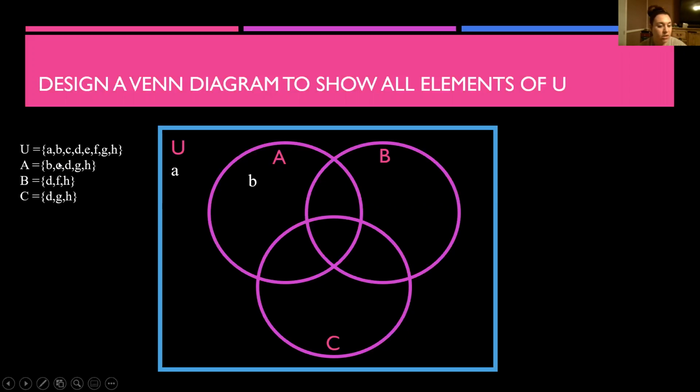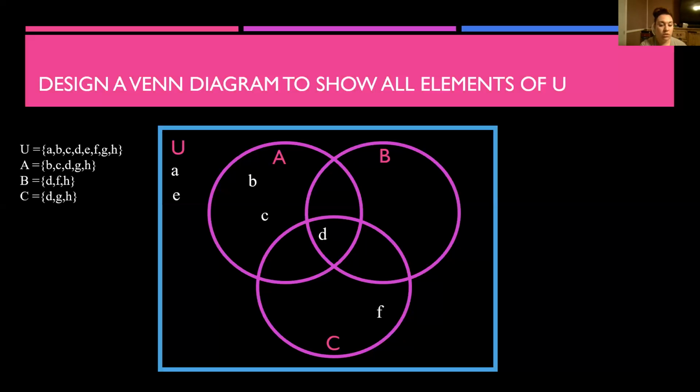So c is in just our A. And then d, if you go down, you can see that d is in our universe, our A, our B, and our C, so it'll go in the middle here. Now our e is in neither A, B, nor C, so it is only in the universe.